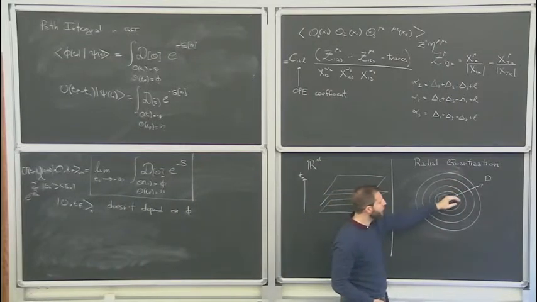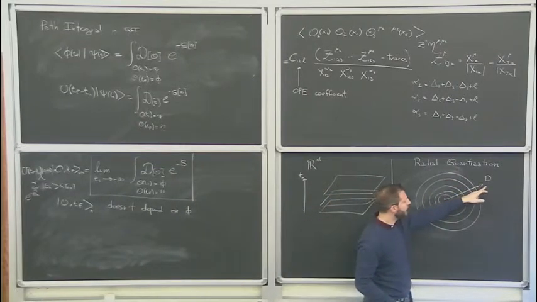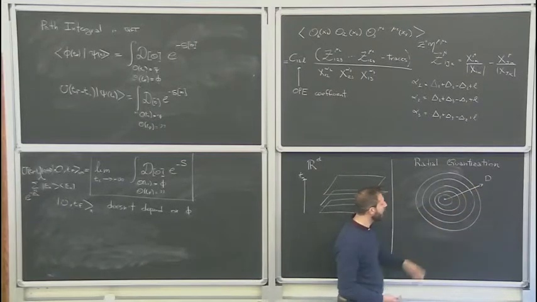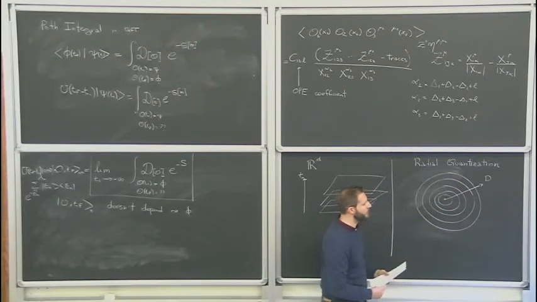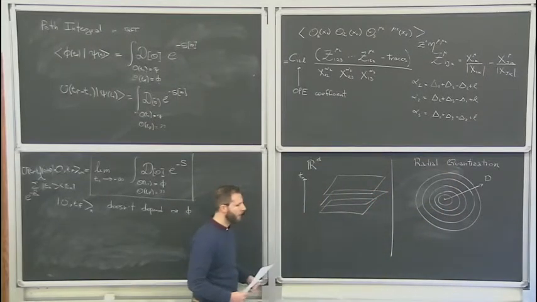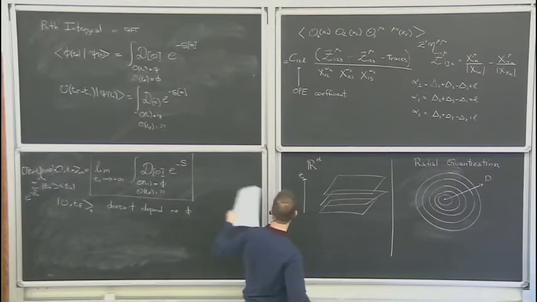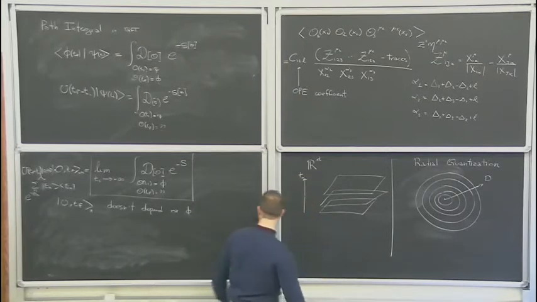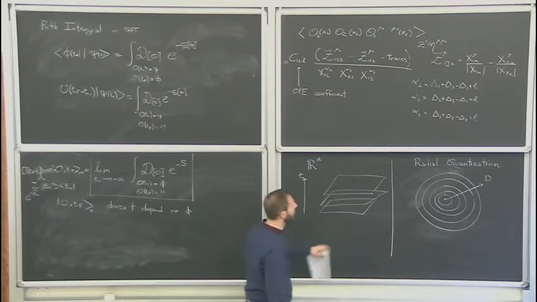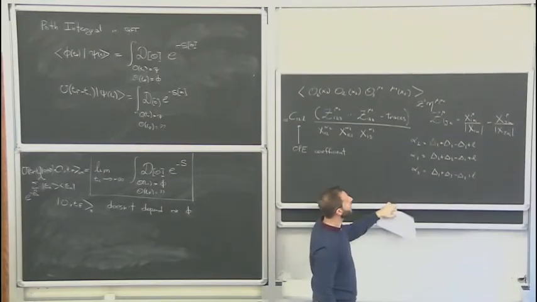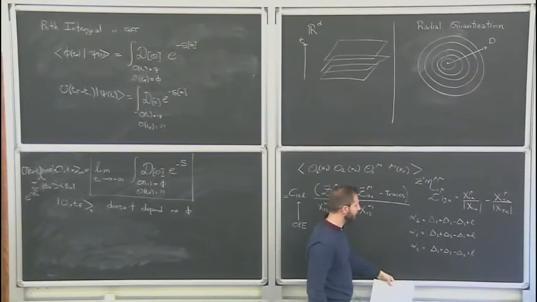Here the evolution operator is dilatation. So in this case we are evolving states defined on spheres from one sphere to a larger sphere, from one radius to the other. And using this definition of vacuum, we can define what is the vacuum state in radial quantization.